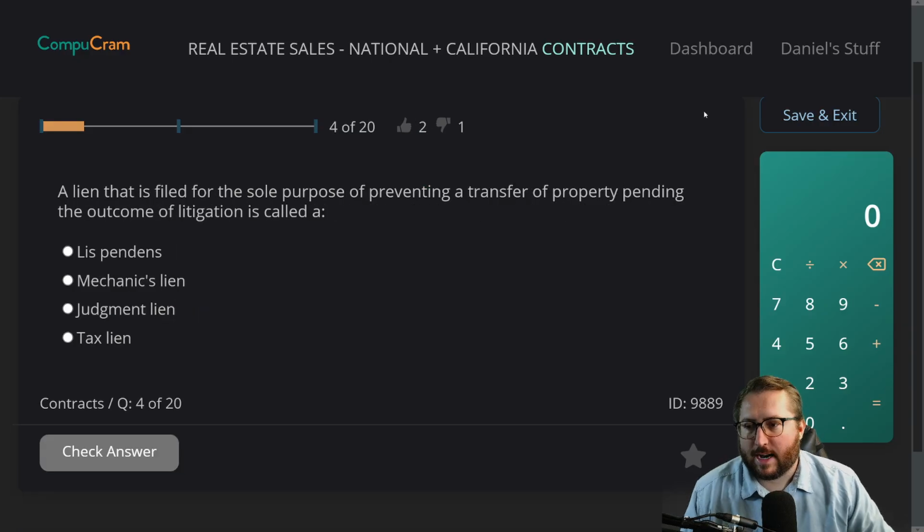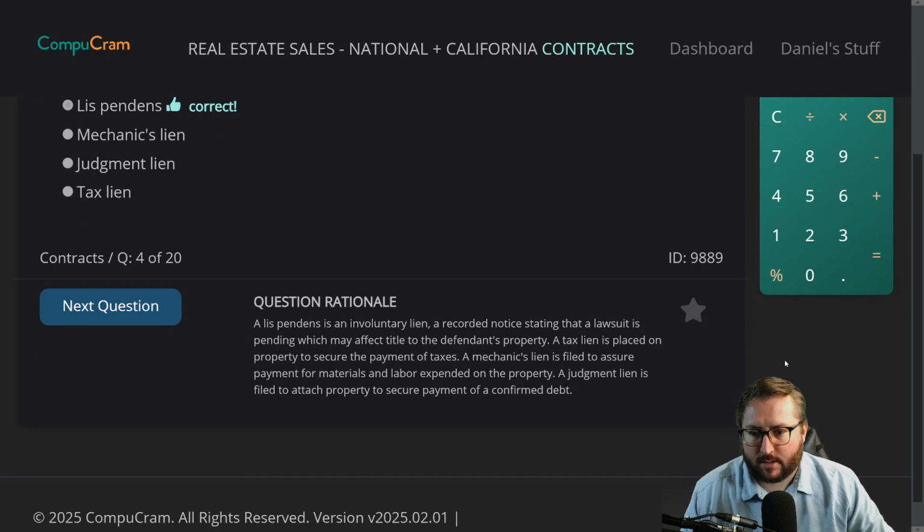Question 4. A lien that is filed for the sole purpose of preventing a transfer of property pending the outcome of litigation is called A, lis pendens, B, mechanics lien, C, judgment lien, D, tax lien. I want to say it's lis pendens. Correct. Question rationale. A lis pendens is an involuntary lien, a recorded notice stating that a lawsuit is pending which may affect title to the defendant's property.